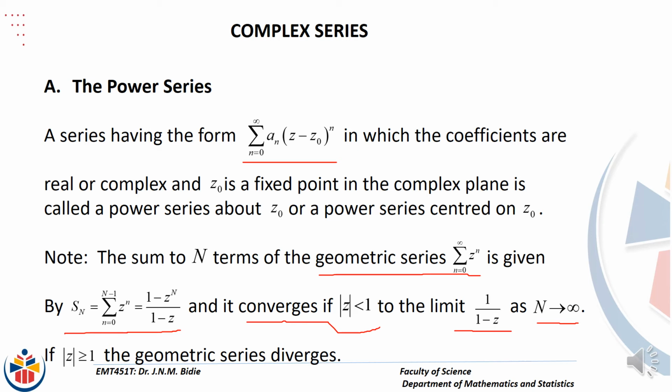And please note that this series diverges outside the circle. That means when the modulus of z is greater than or equal to 1. So that means this series does not converge on the circle itself. It converges within the circle.